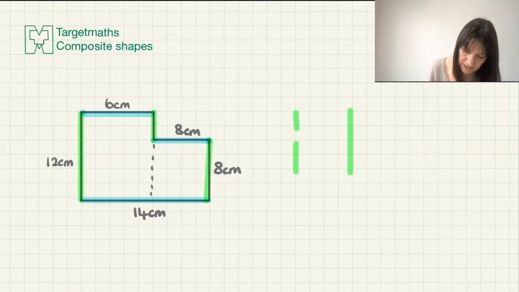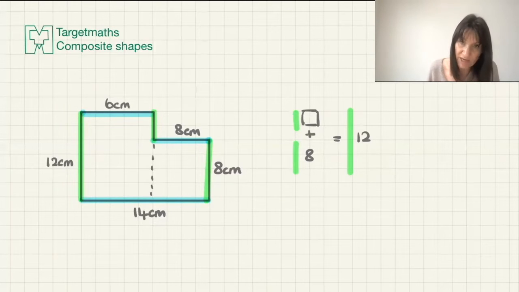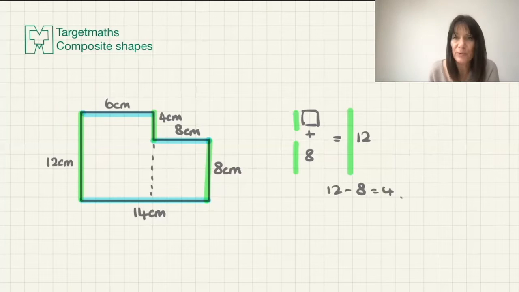If I look at the information I've got, nothing on that one, so I'm going to leave that one blank. 8 on that one. 12 on the long one. So I know that this plus this must equal my 12. So I can see that my missing number is 4 centimeters. Or I just do 12 take 8 equals 4.